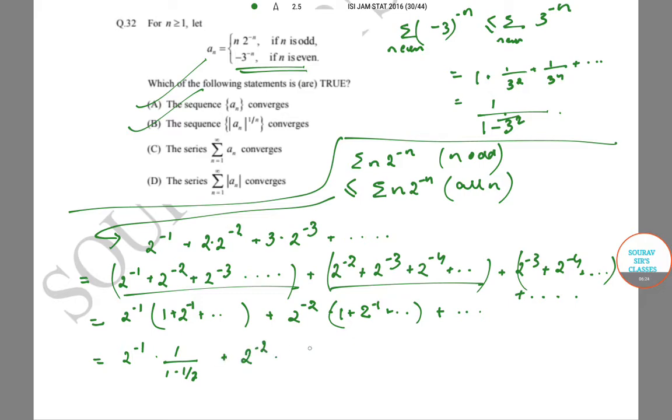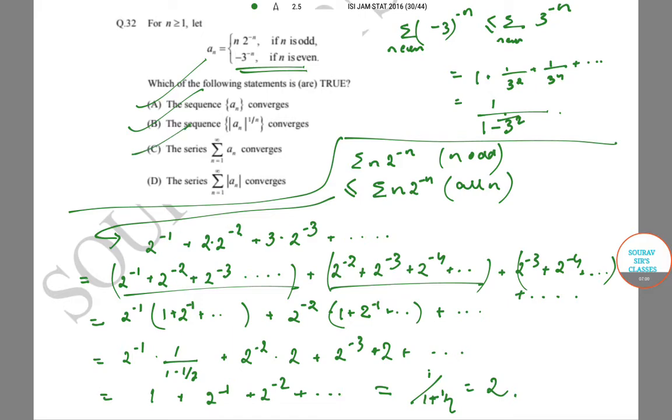So 2 times 2 to the minus 1, plus 2 to the minus 2 times 2, and so on, which is 1 plus 2 inverse plus 2 inverse squared, exactly the geometric series 1 by 1 minus half, that is 2. So we see that both the odd series and the even series converge, and hence the entire series converges.